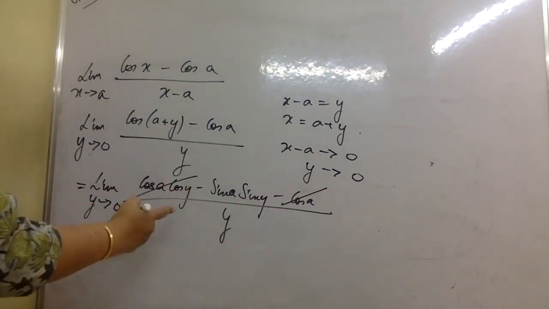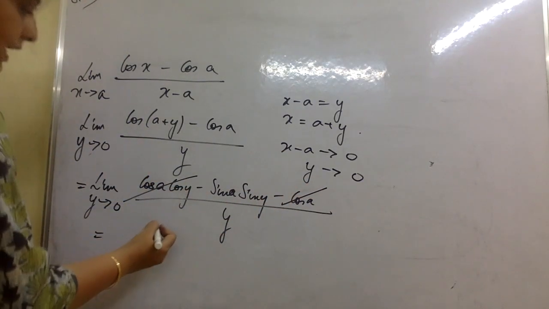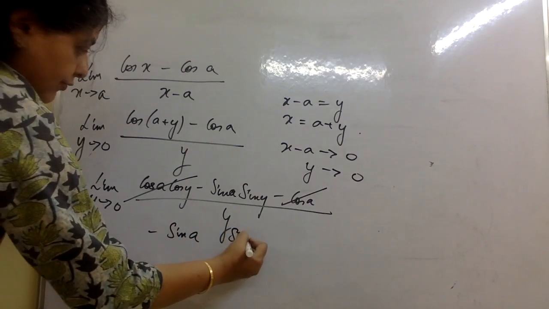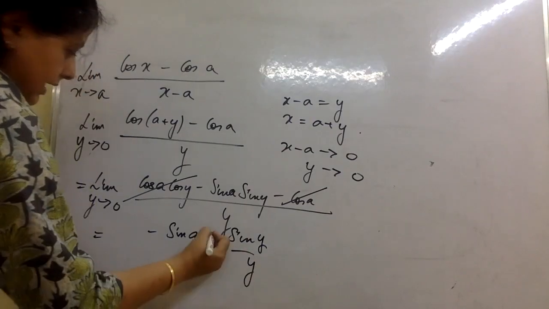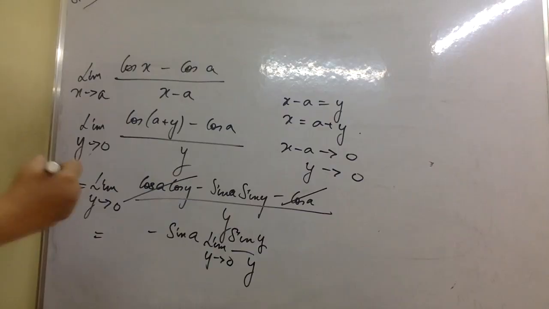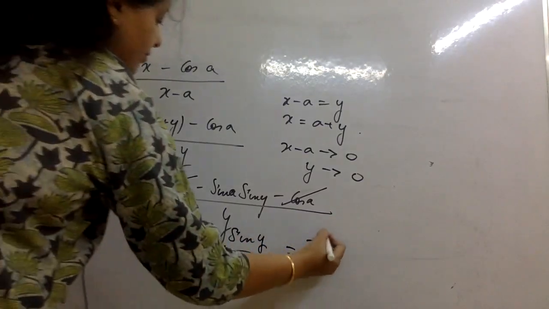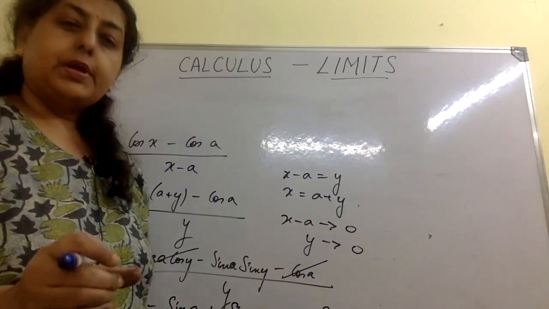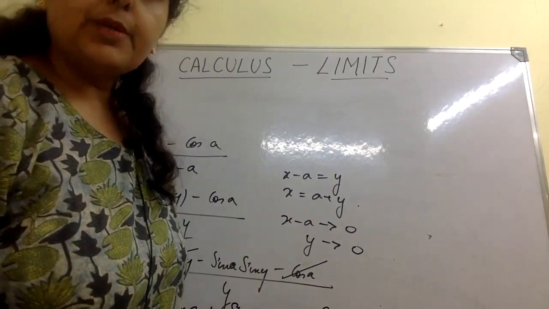What I am left with is minus sin a and sin y by y, and I am applying limit y tends to 0 over here. That is equal to minus sin a. Sum done.